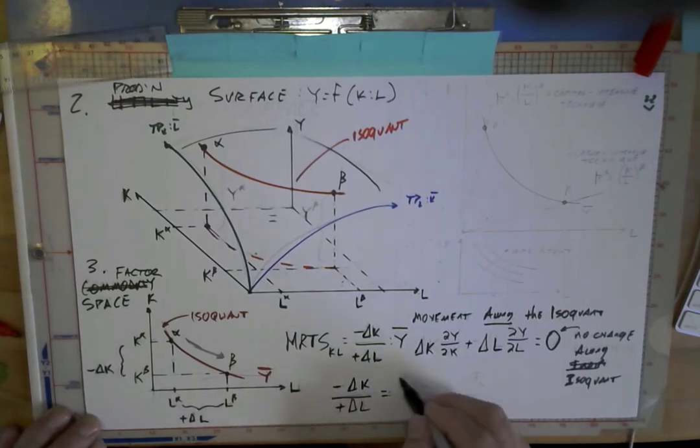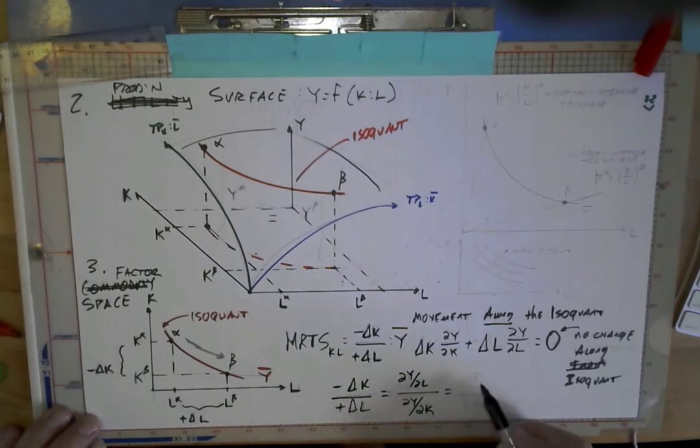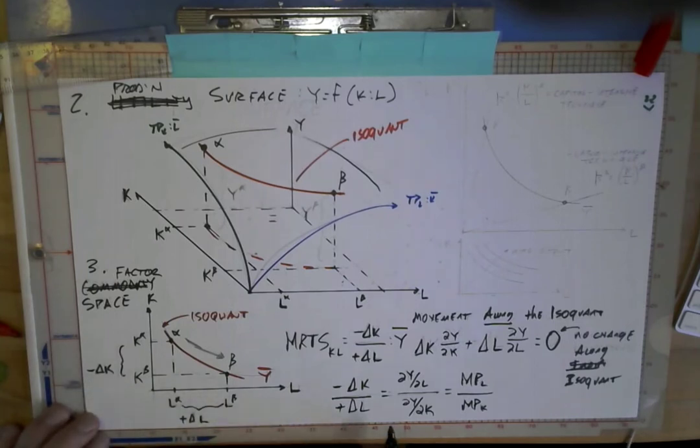When you rearrange that, you get the marginal product of labor, the partial derivative of output with respect to labor, divided by the partial derivative of output with respect to capital. Here you can demonstrate that the marginal product of labor divided by the marginal product of capital is equal to the marginal rate of technical substitution, which is the movement along an isoquant.